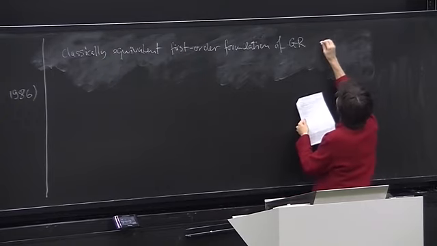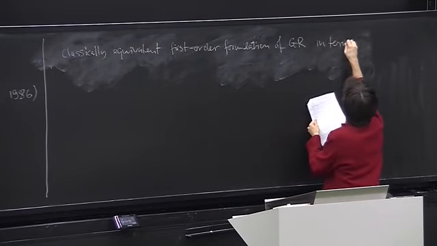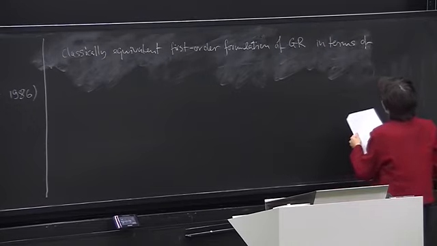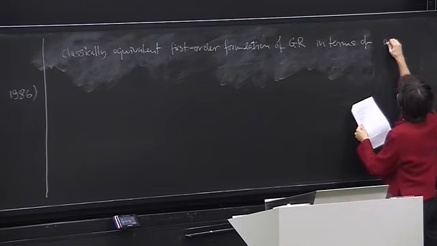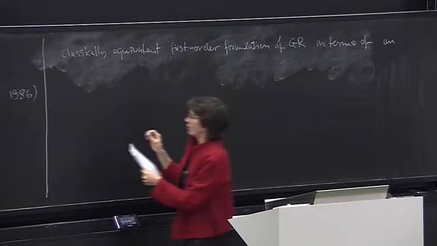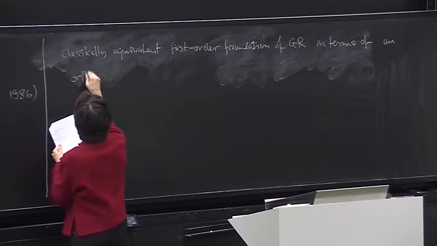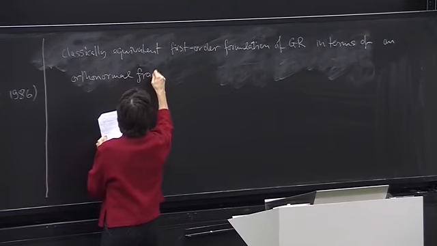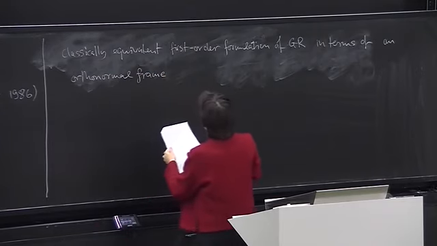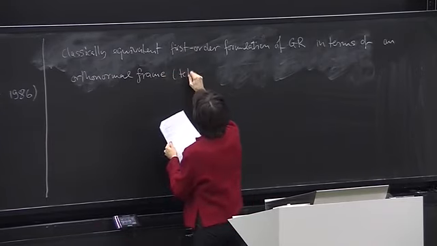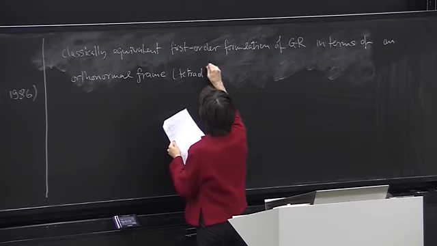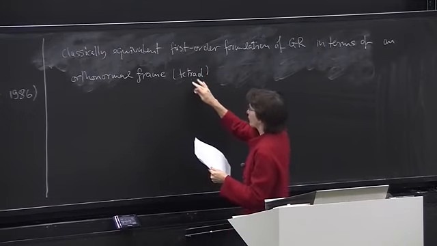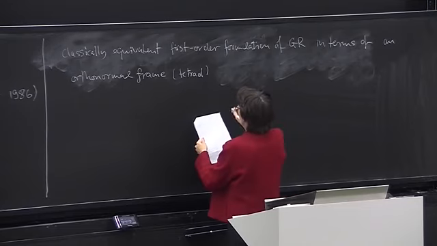So what are the variables that appear here? In terms of an orthonormal frame, so in each space-time point, you can also call it a tetrad or a vierbein field.